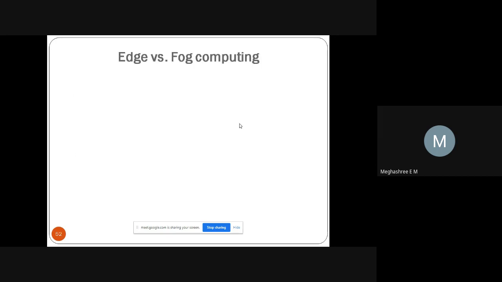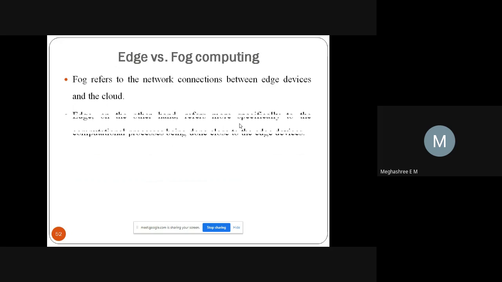Okay, and the last part, edge versus fog computing. So fog actually refers to what? The network connection between edge devices and the cloud, right? Whereas edge, what is edge? This refers specifically to the computational process being done close to the edge devices.